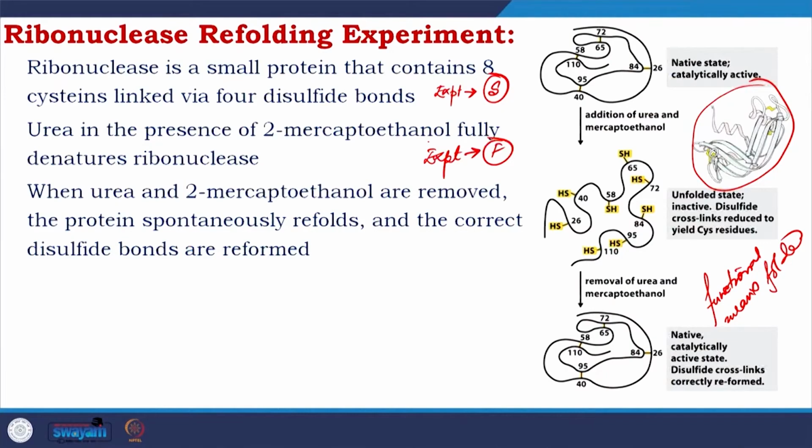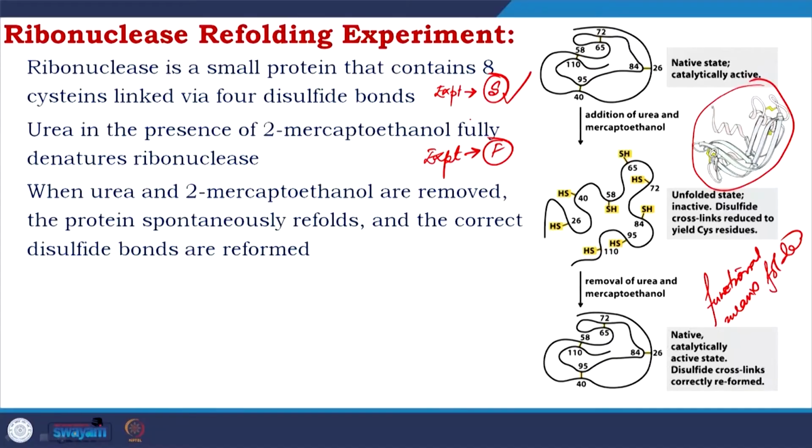When urea and 2-mercaptoethanol are removed, the protein spontaneously folds and the correct disulfide bonds are reformed. So, he purified the protein biologically, used the assay, shown the assay is working, protein is folded. Now, he denatured it, performed the experiment, protein is not working. So, here it is folded, here it is not folded.